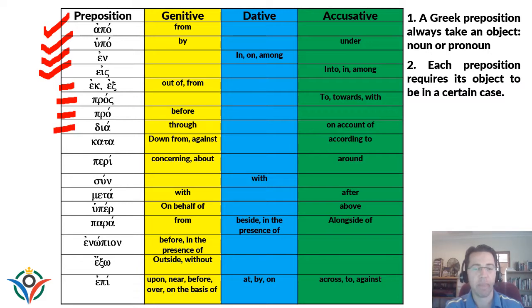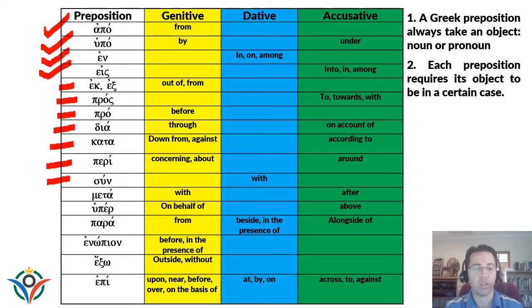Then dia, and with the genitive is translated as through and the accusative on account of. Next we have kata, which in the genitive is translated as down from or against, and in the accusative according to. Then we have peri, and the genitive is translated as concerning or about, and in the accusative around.